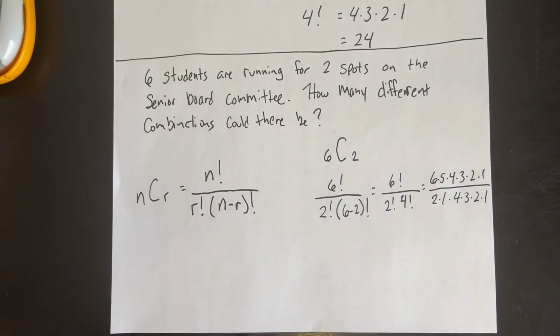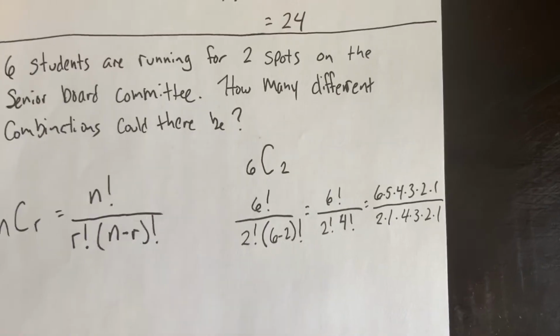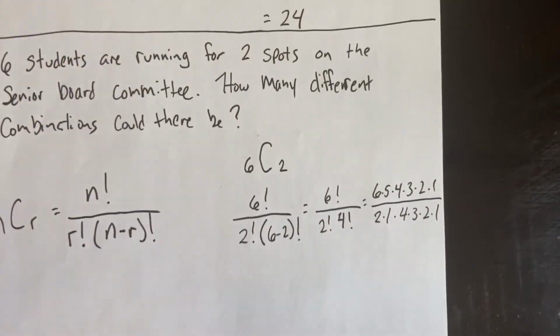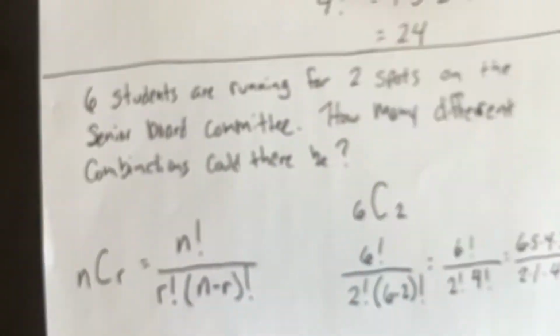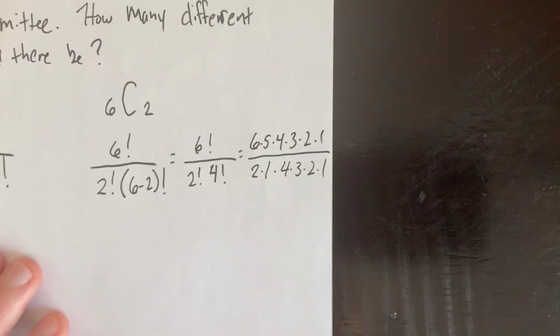Now that you've got both factorials listed out, I would go through and see what you can cancel out. The guy in that video canceled a lot out, but you don't have to do that.